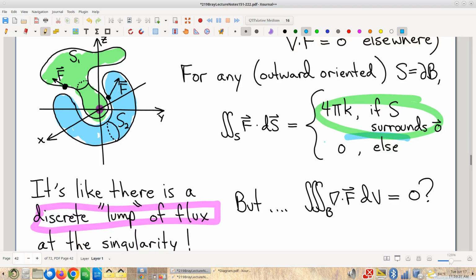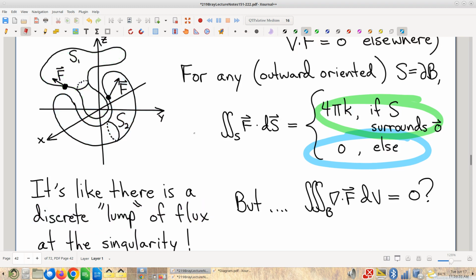None. It doesn't contain where that lump of flux is. So anyway, that's a takeaway. This interpretation doesn't always work. I'm not saying that every singularity can be thought of as a lump of flux, but in this case, it kind of can.